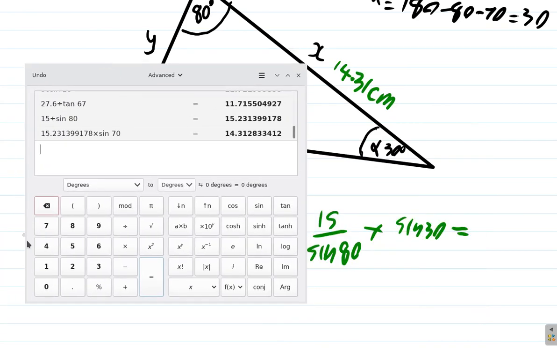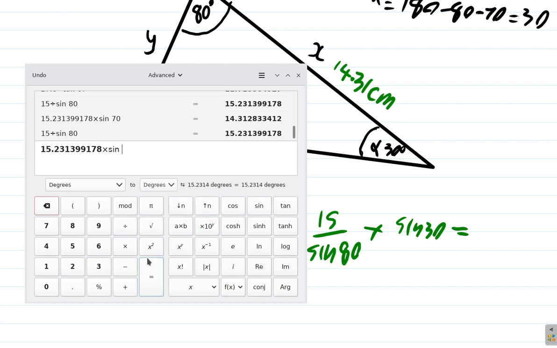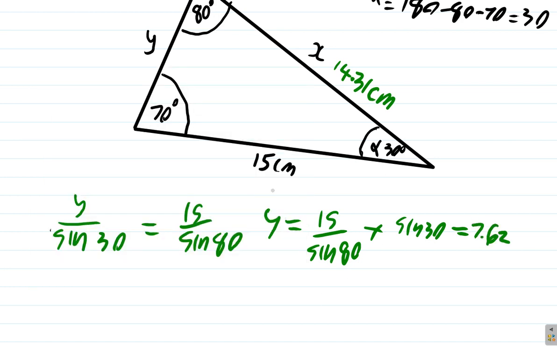Let's see. 15 divided by the sine of 80, multiply by sine 30 equals 7.62. So the side here, y, is 7.62 cm. Okay, good. So you have that.